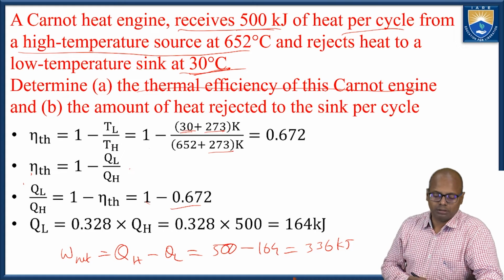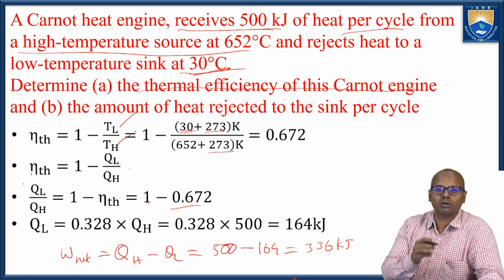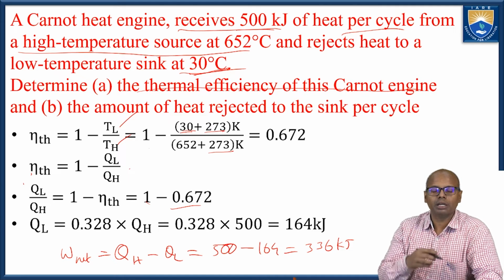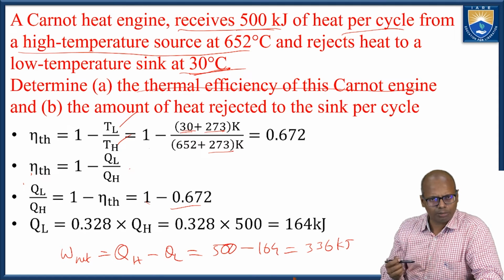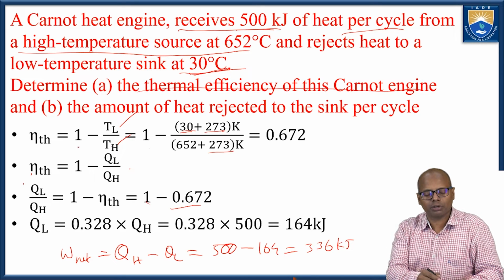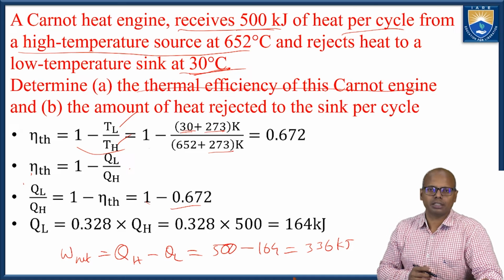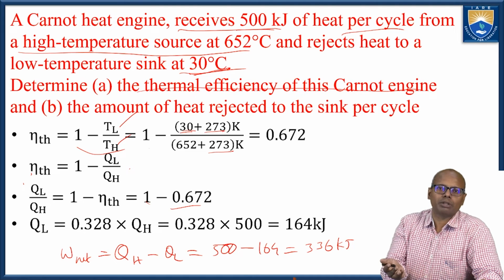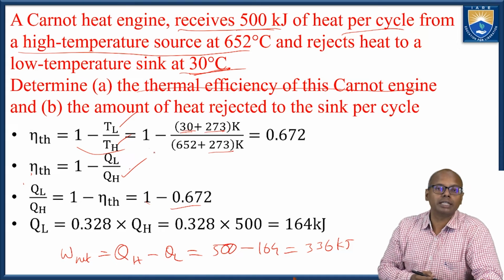Very simple. If the higher temperature reservoir temperature and the low temperature reservoir temperature are given, I have to convert them into Kelvin and substitute in this formula to get the thermal efficiency of the Carnot heat engine. Once I know the thermal efficiency, I can substitute back in the formula having the heats.